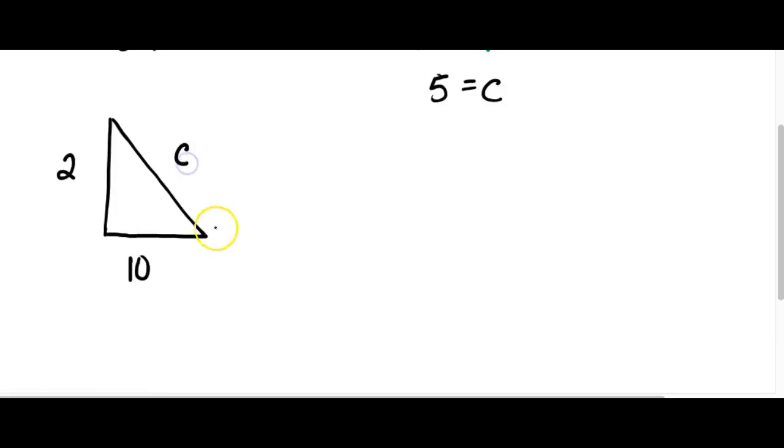Let's try another one. These are one of my favorite things to do. So let's say this is 2, this is 10, and we don't know what this is. So do you remember what are the first three letters of the alphabet? Good. A, B, C. 1, 2, 3. Okay, I won't sing, I promise. So we have A squared plus B squared equals C squared.